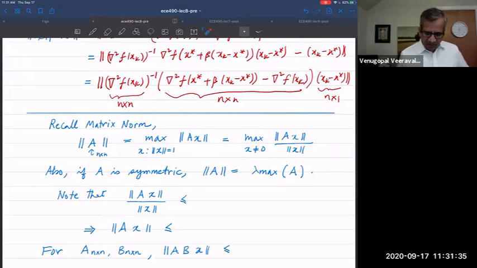You maximize over all x not equal to 0, and that's called the induced matrix norm. Whenever we talk about a norm in this class, unless I say otherwise, it'll be the induced matrix norm that comes from the norm on the vector.